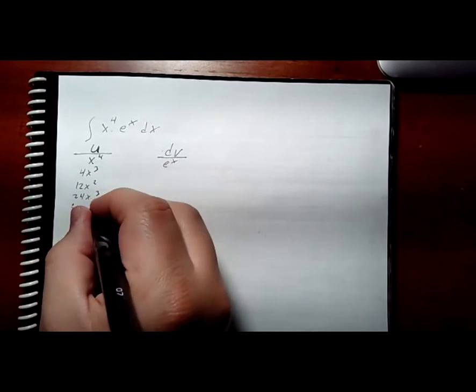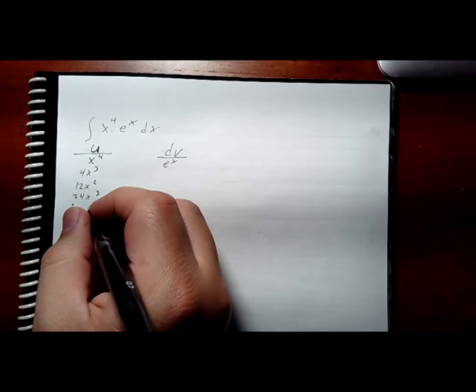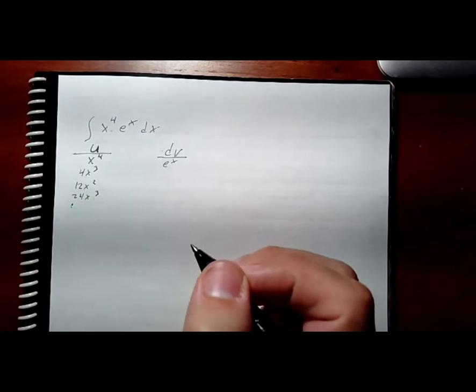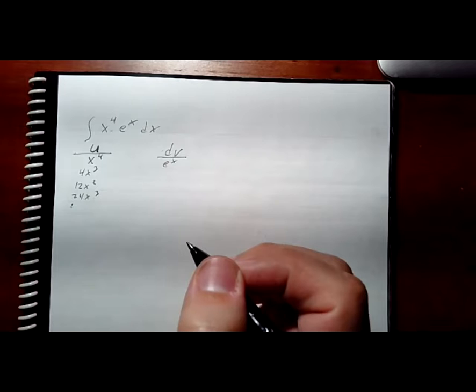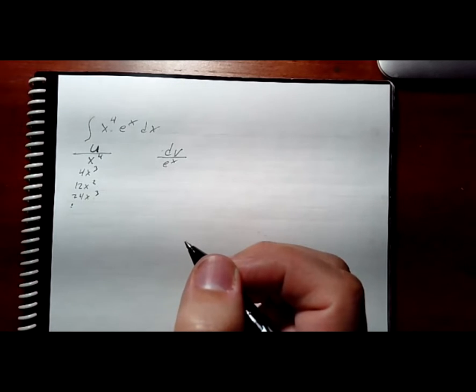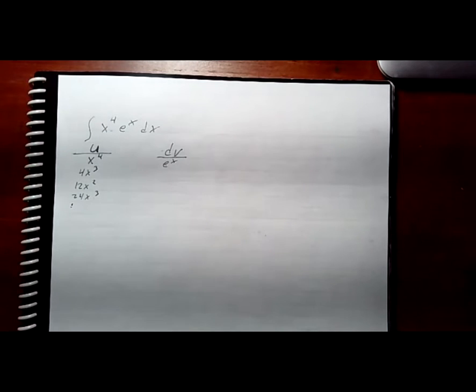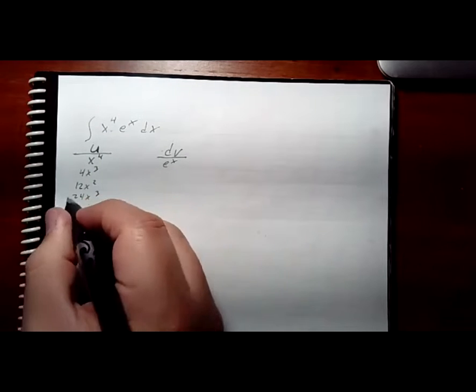Fourth would be what's 24 times 3? 48 plus 24, 72.